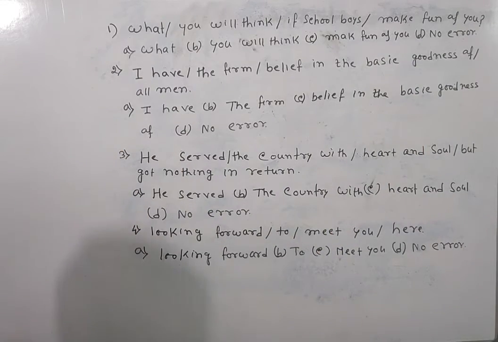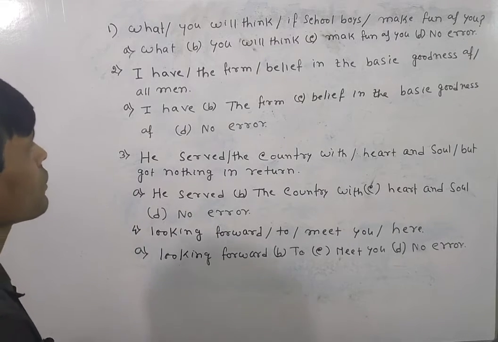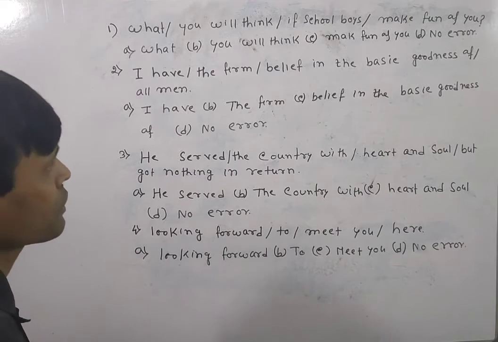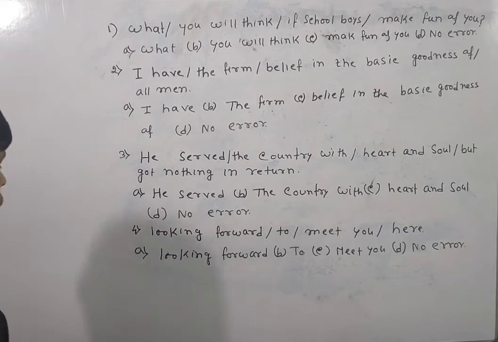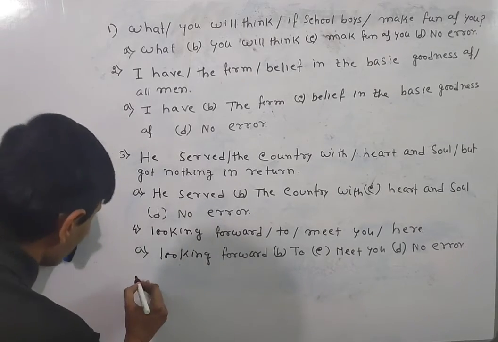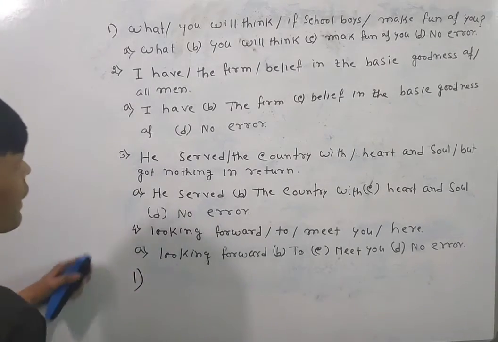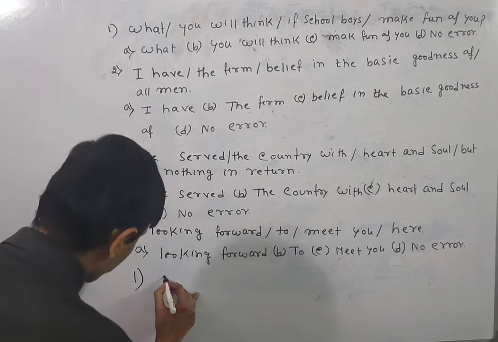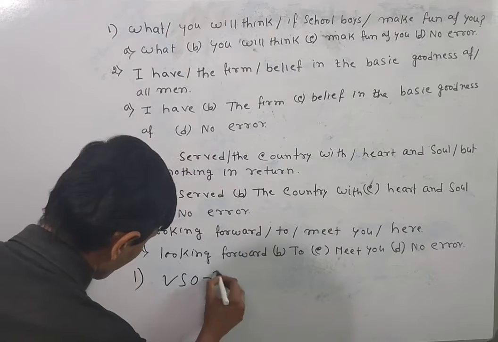Now, what will be the answer? That is the question. What you will think if schoolboys make fun of you? This is the sentence. When we are going to form any kind of question, we generally use the VSO order.